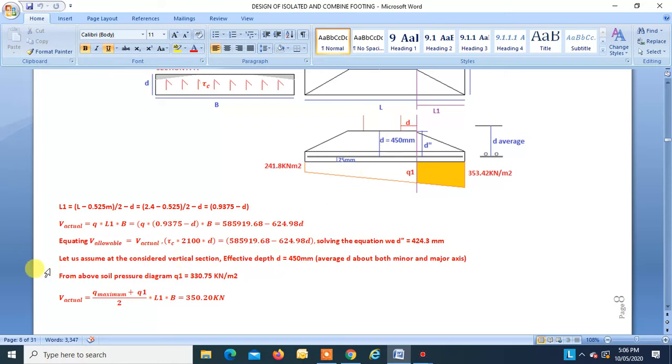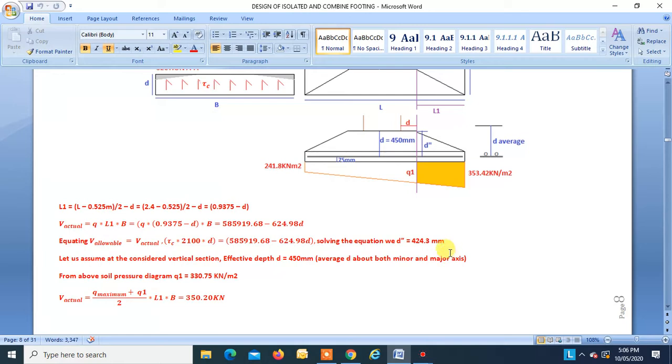So at the considered vertical section, the effective depth is 450 mm, and this is an average D about major and minor axis.